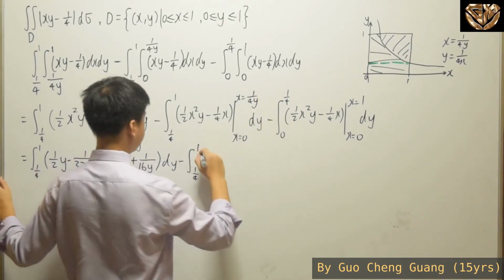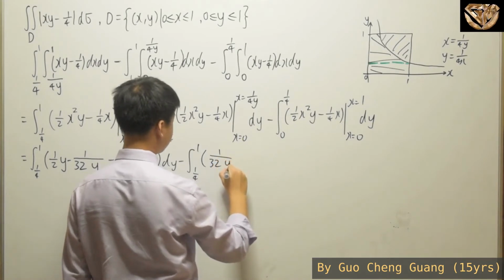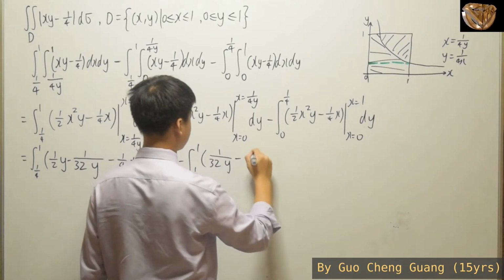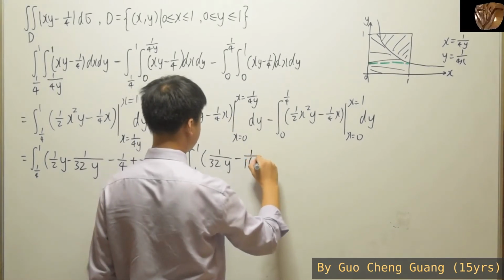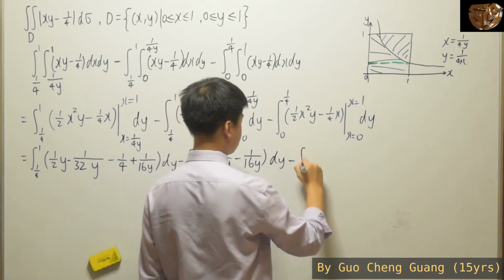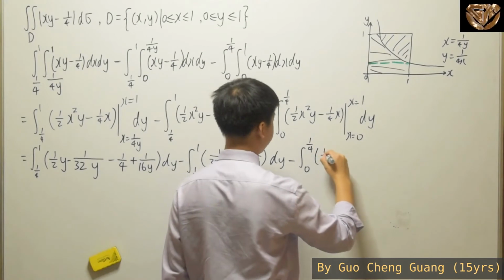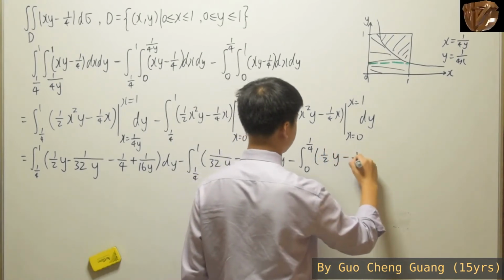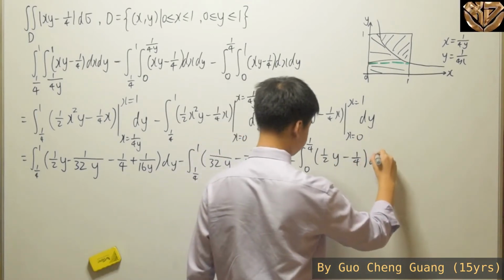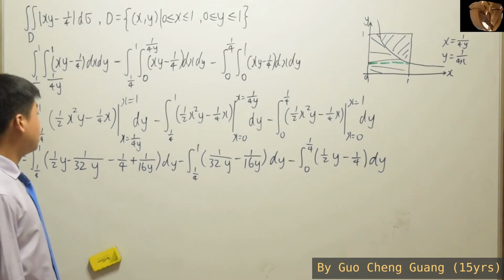Now for the second term, you will have 1 over 32y, and then you put this in, which is a 0, then you have minus 1 over 16y dy, and then minus integrate from 0 to 1 over 4. You put in x, you have half y minus 1 over 4, and of course 0 just be 0. Right, so these are the terms you will be looking at.